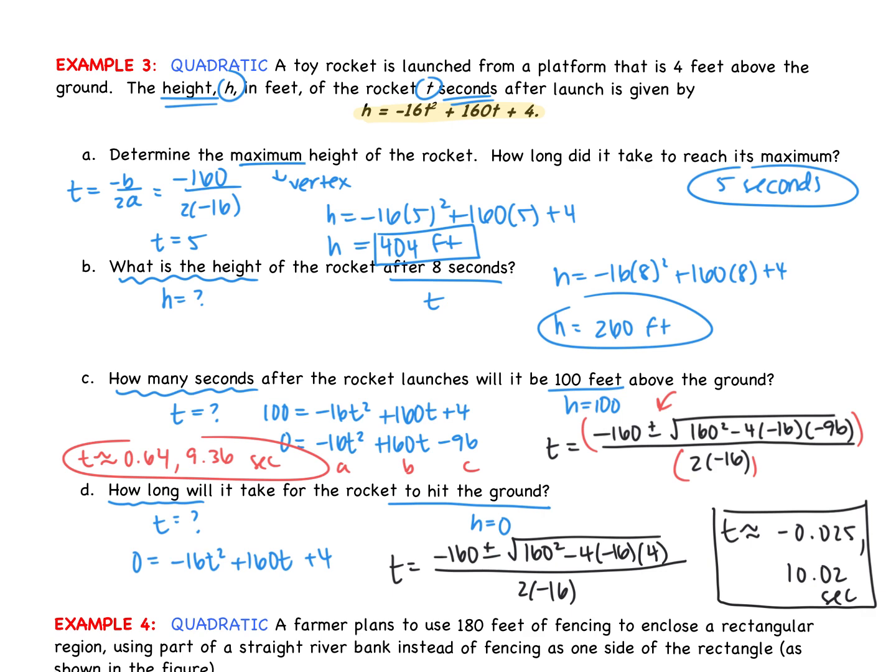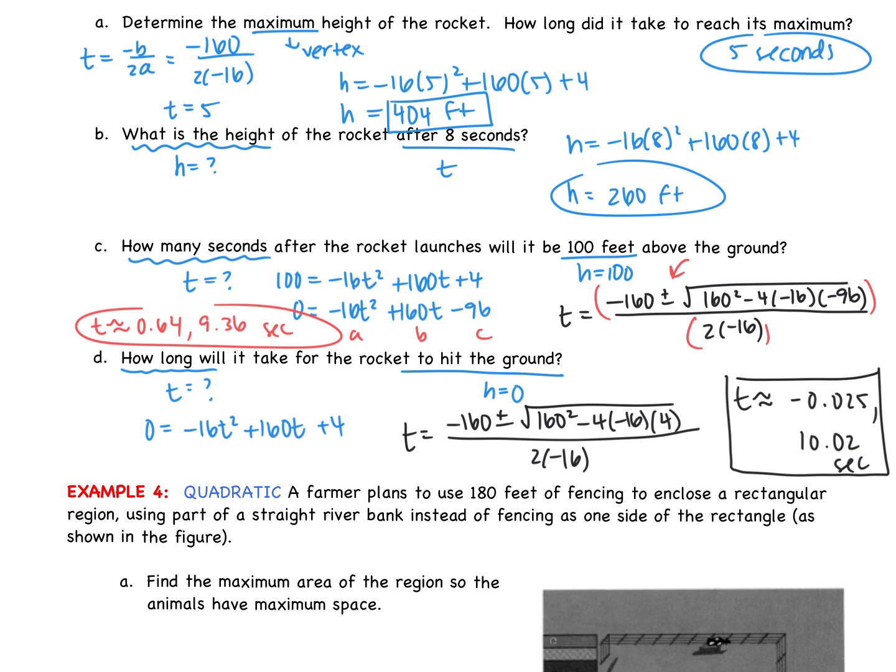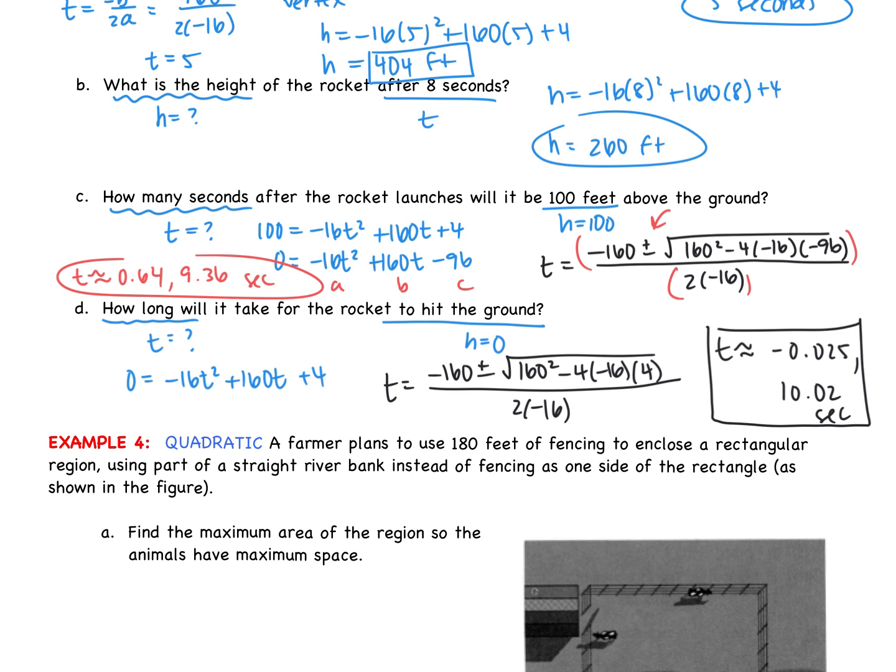In terms of my expectations, I do expect that you have units, so I expect that you write seconds. And I also expect that you write both answers. Lastly, I expect you to know that the negative answer doesn't make sense. So I do want to see it, but then I want to see you cross it out to acknowledge that that's not the correct answer, or that answer doesn't make sense.